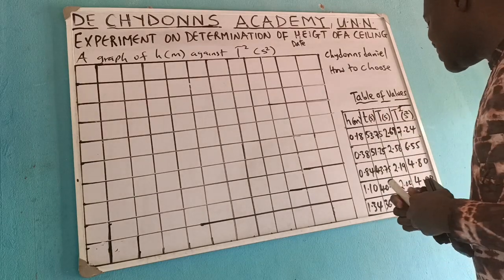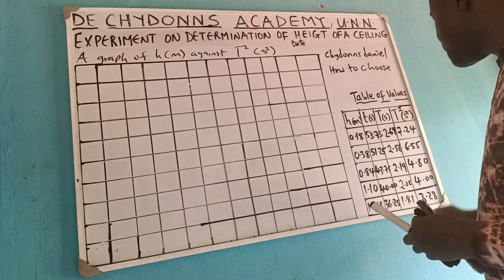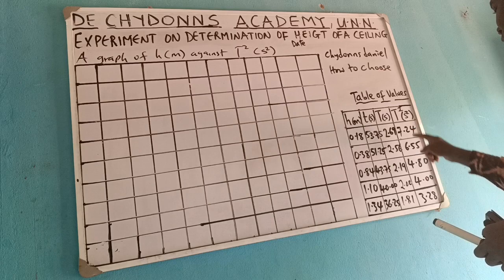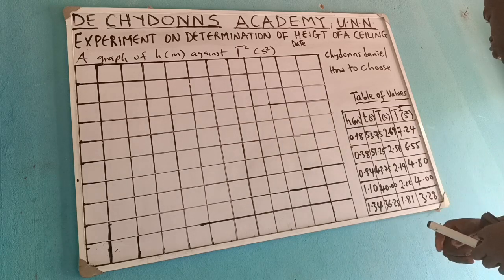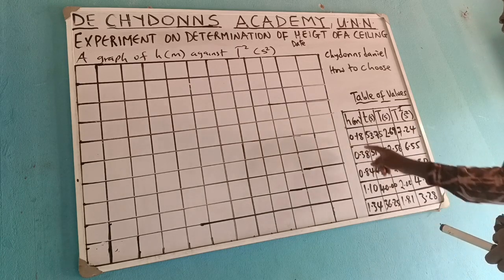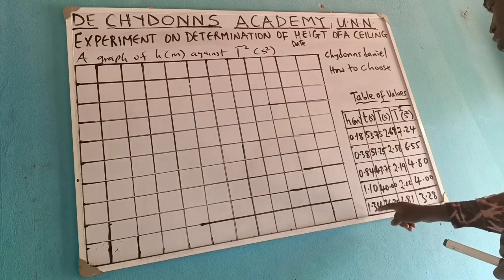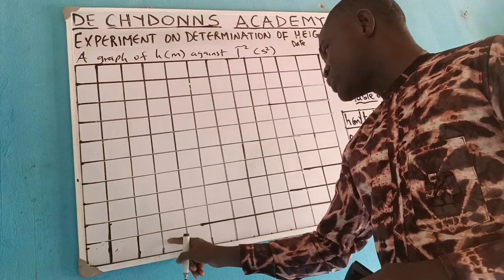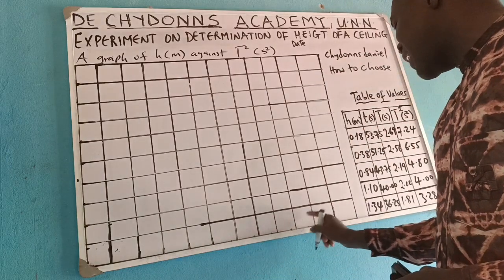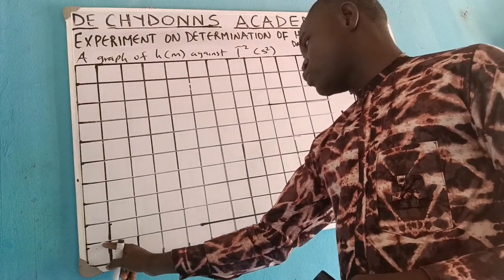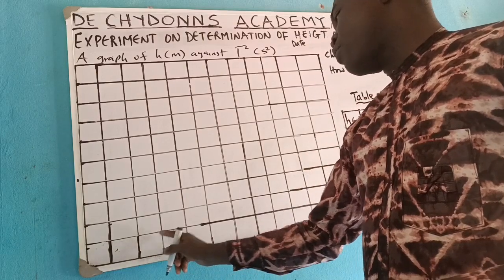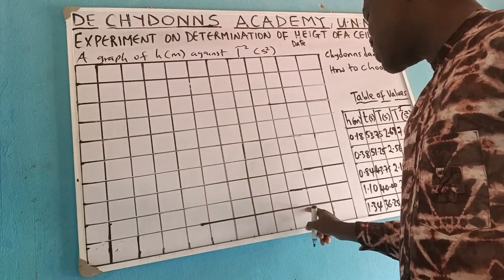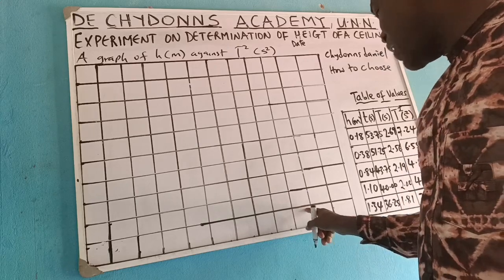Now, let's see how we can plot this. The highest t square is 7 and the lowest is 3.28. The highest h is 1.34 and the lowest is 0.18. For your horizontal, we have 1, 2, 3, 4, 5, 6, 7, 8, 9, 10, 11. If I say here to be 3, 3.5, 4, 4.5, 5, 5.5, 6, 6.5, 7, 7.5. Wow, it can accommodate.